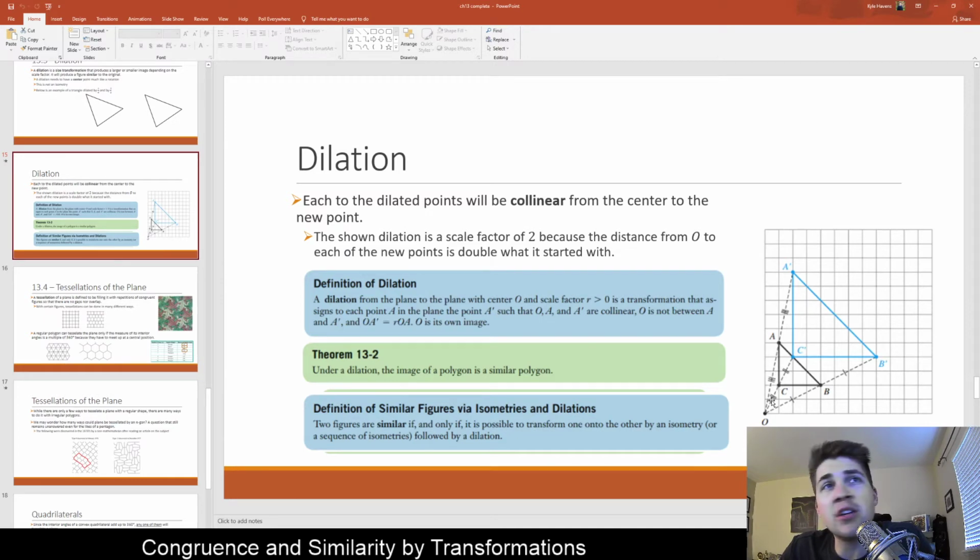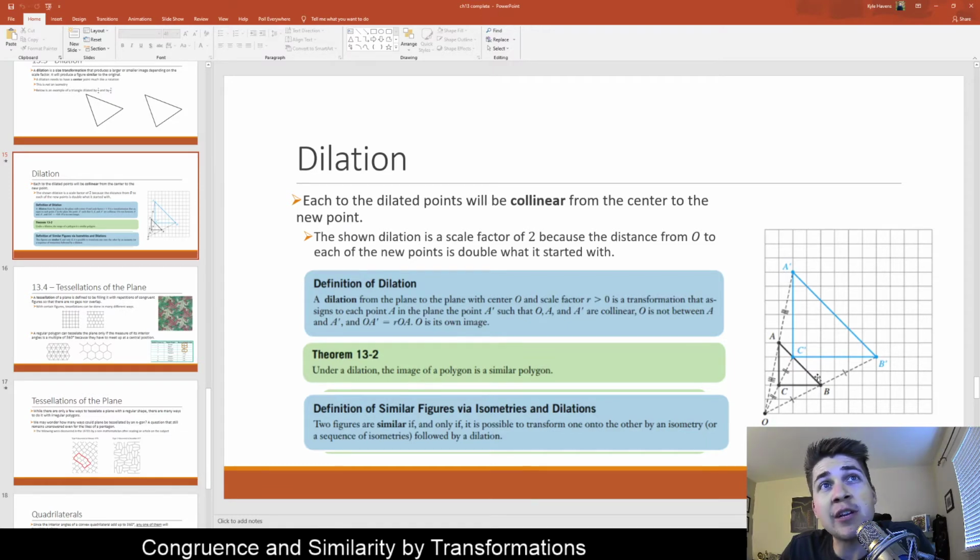So essentially you would connect each point to the center, and then you would extend the new points along that line. So since this dilation has a scale factor of 2, remember that scale factor just means the constant of similarity based on the proportion. What is it being multiplied or divided by to increase or decrease the scale? Notice that we're just doubling the length away from the center in order to apply a scale factor of 2.